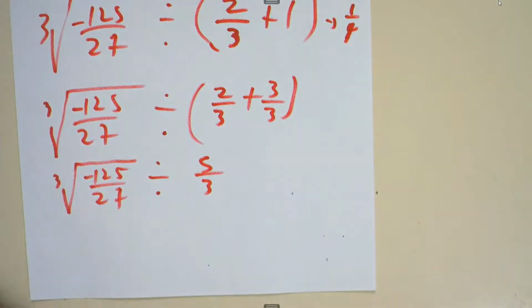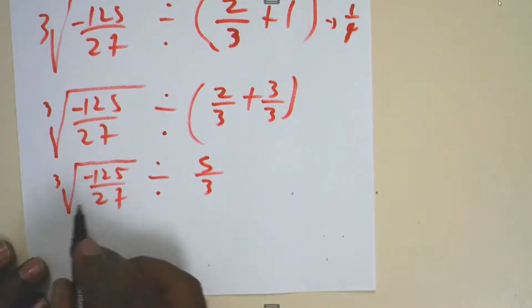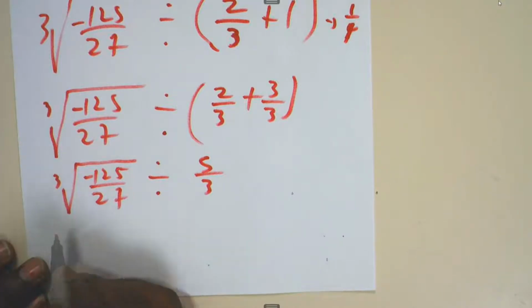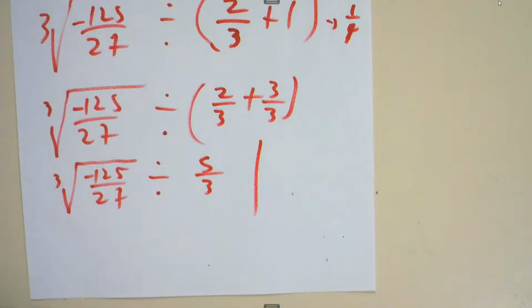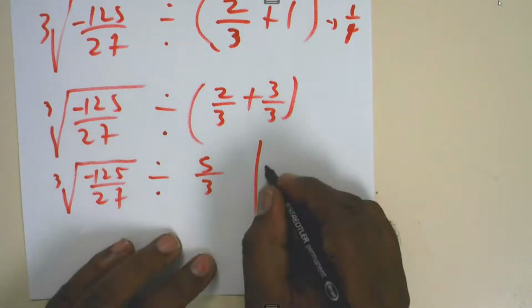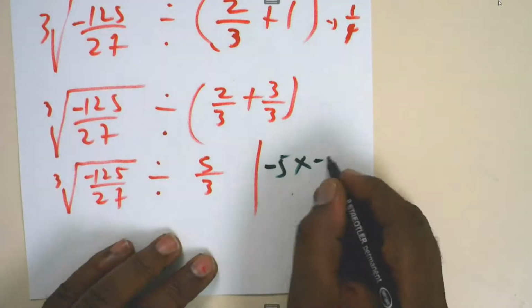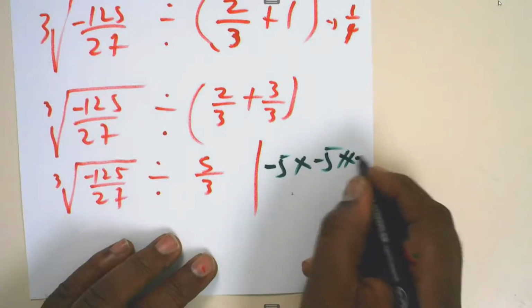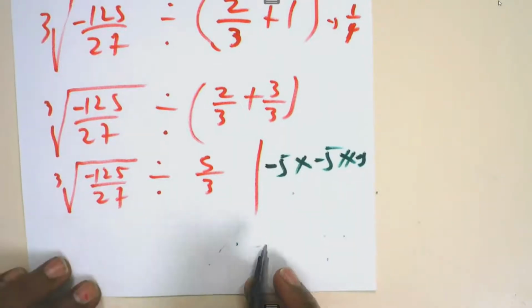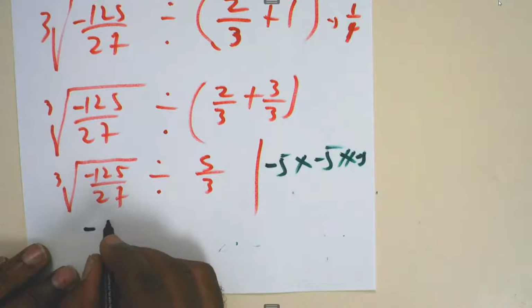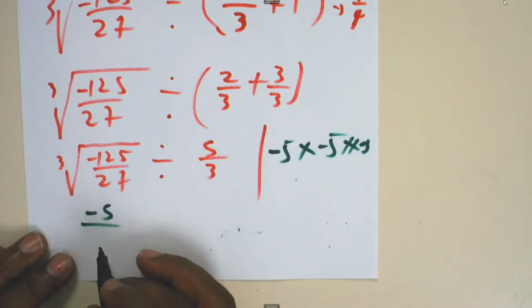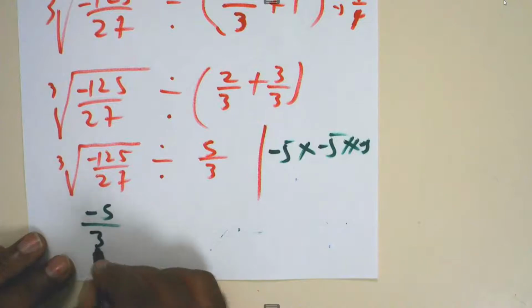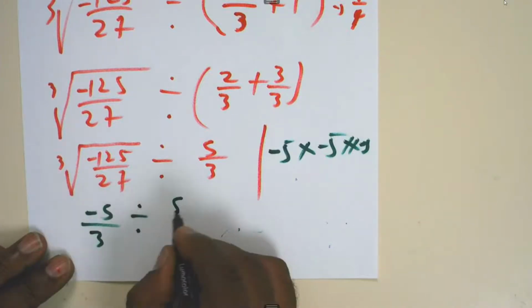Now from the bracket, we still have to work on the power, the cube root. Again, what makes the number minus 125 is minus 5 by minus 5 by minus 5, which is minus 5, and then what makes 27 is 3 and a 3 and a 3, which is a 3, divided by 5 over 3.